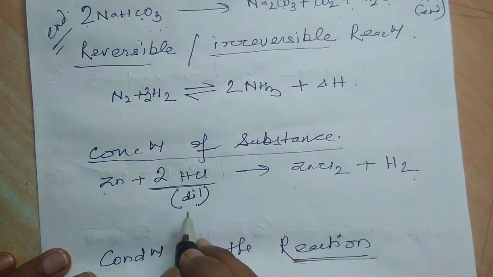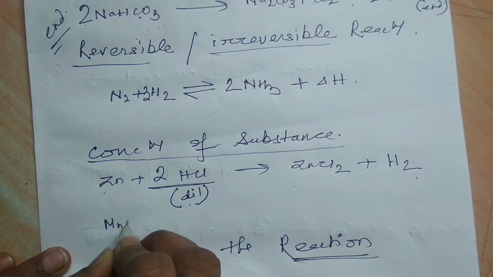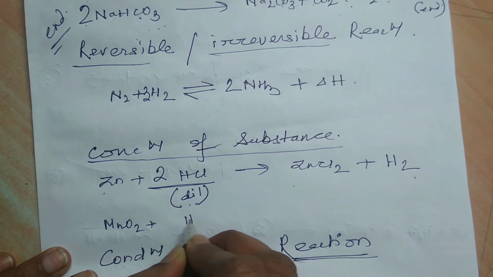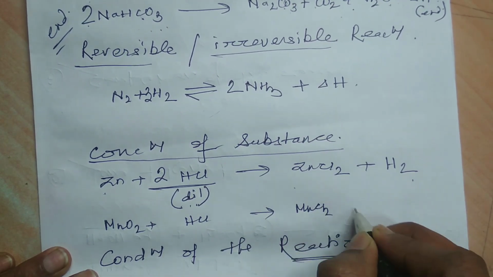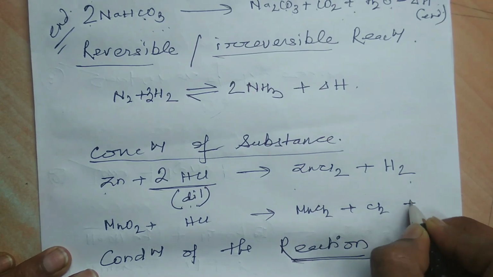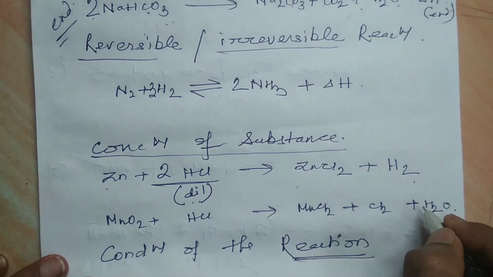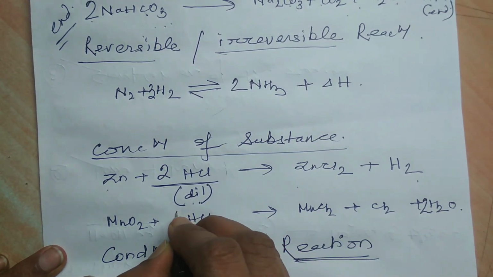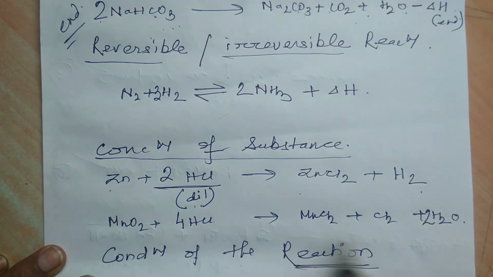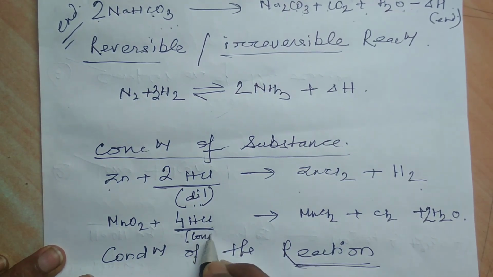And when it is used in the concentrated state, like MnO2 plus HCl, it gives MnCl2 plus chlorine plus water. In this reaction, hydrochloric acid is not in the dilute state. It is in the concentrated state.